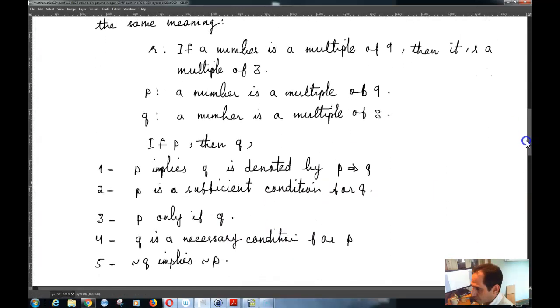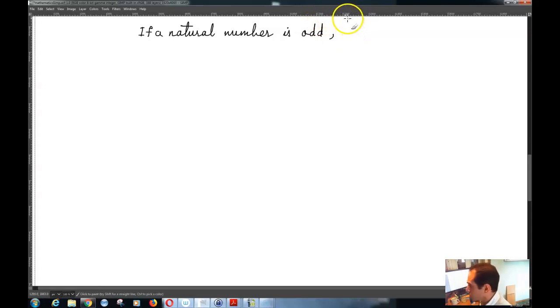Now what we have as the question in exercise 14.4 is: if a natural number is odd, then its square is also odd.